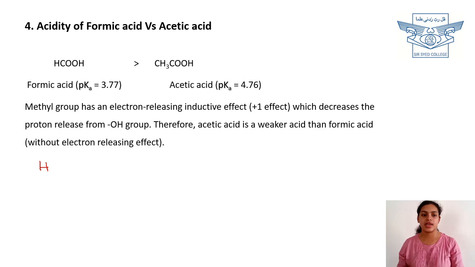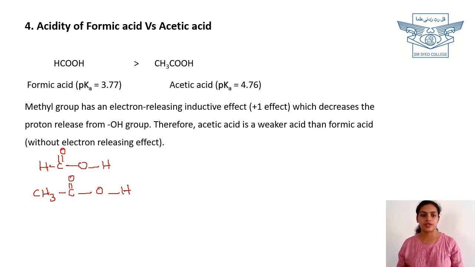This is formic acid, HCOOH. In the case of acetic acid, that is CH3COOH. Here no inductive effect because hydrogen harmless ആണ്, അതിന് plus I effect ഇല്ല minus I effect ഇല്ല.